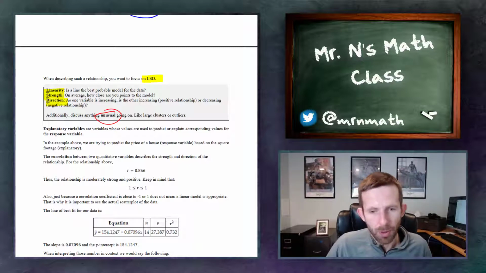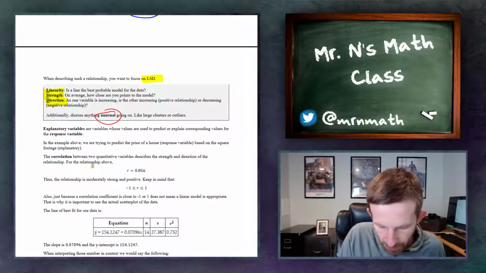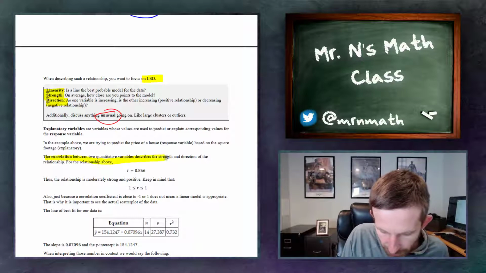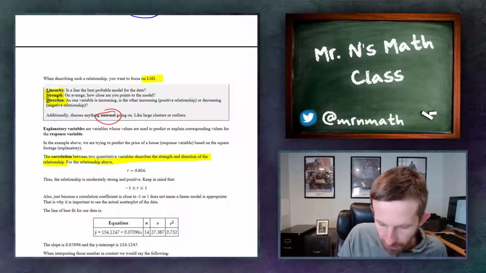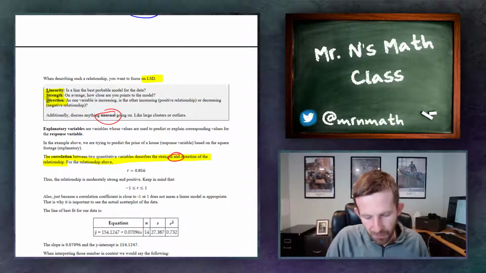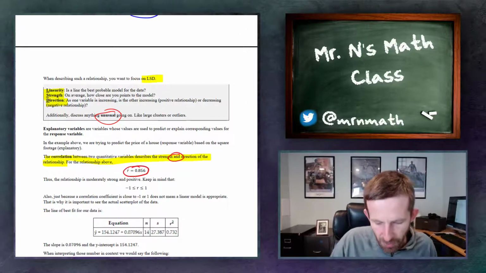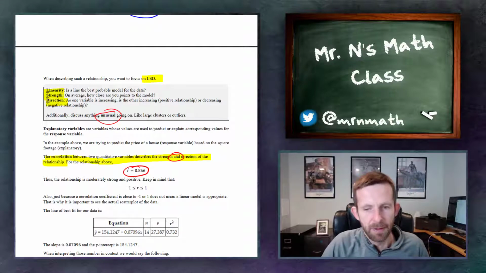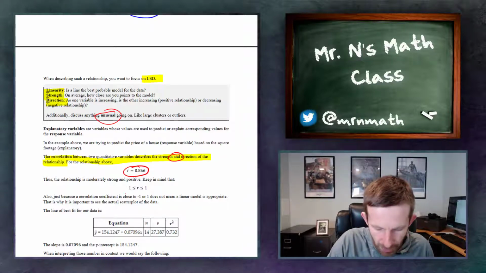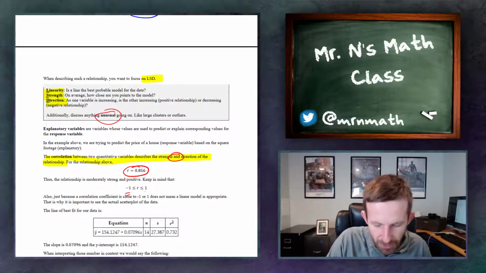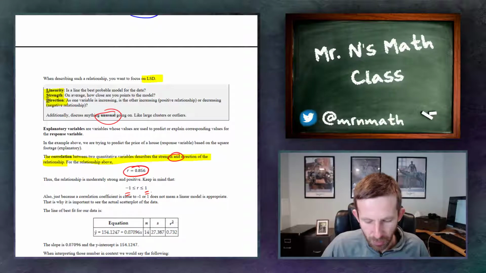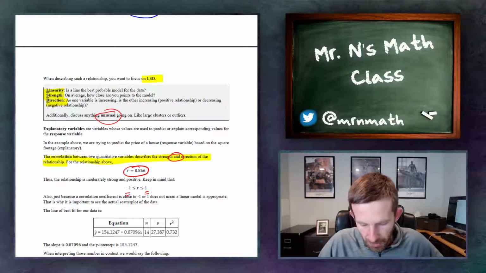So the correlation between two quantitative variables describes the strength and direction of the association. So for the relationship above, my R is 0.856. Now R is always going to be a number between and including -1 and 1. So -1 is a perfect negative correlation. 1 is a perfect positive correlation.